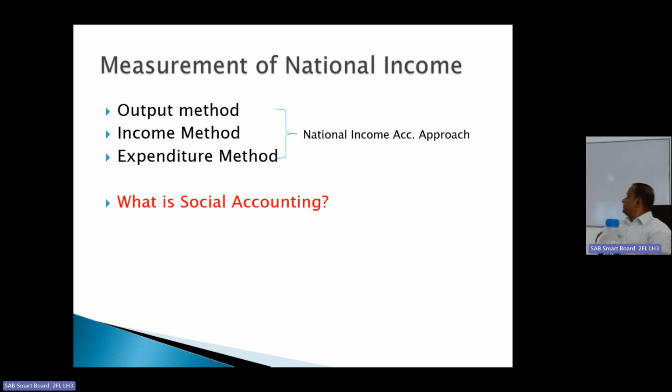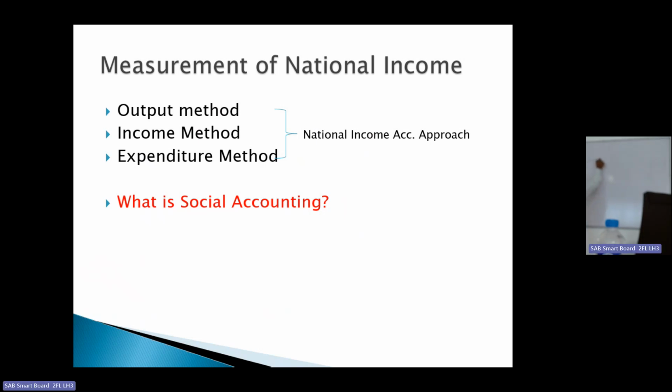According to the output method, we calculate all the goods produced.